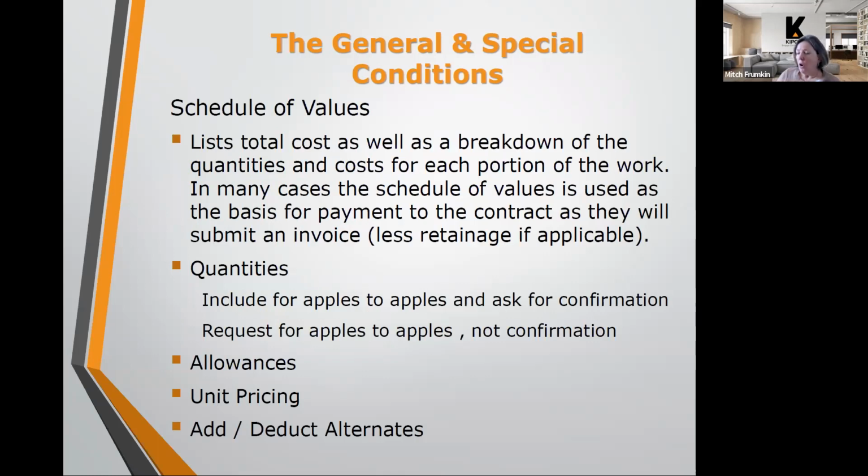Okay, so also what's included, I mentioned, is the bid form. So the schedule of values that, as I mentioned, the bid form, once the contractor fills that out, that becomes part of the contract that's included in the contract. So that would include the base costs and unit pricing.